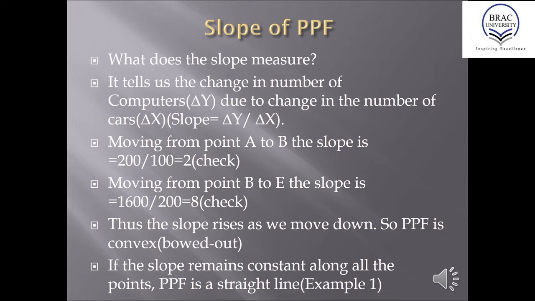Here cars are on the x-axis. So the traditional formula for slope is given here, which is change in y divided by change in x, and this is the same way in which we calculate the slope of the PPF.